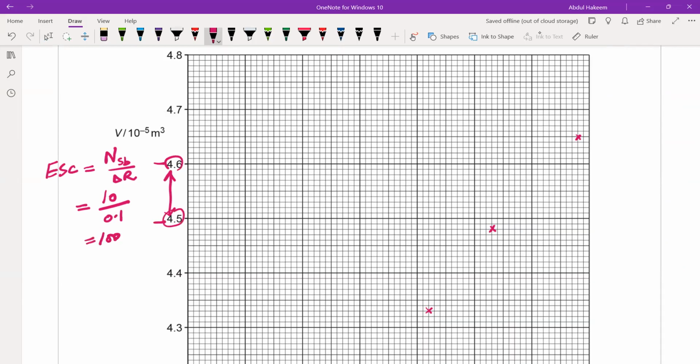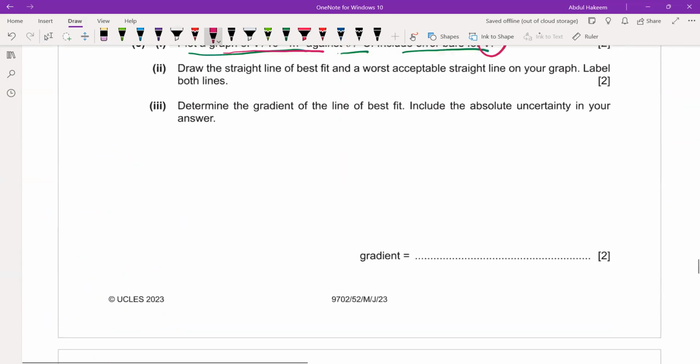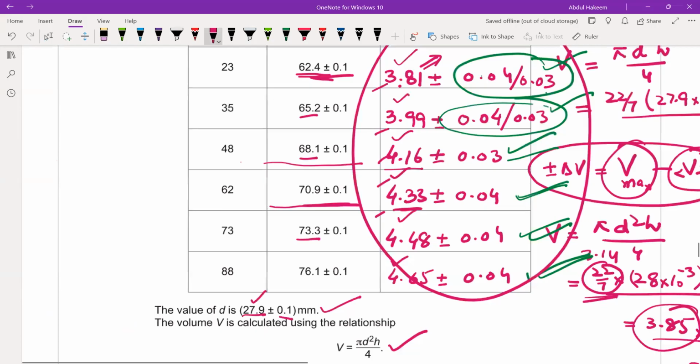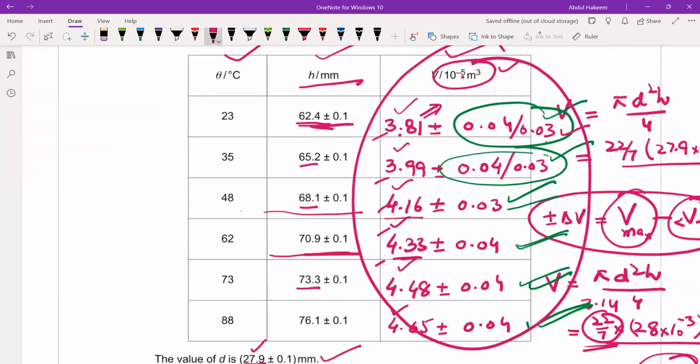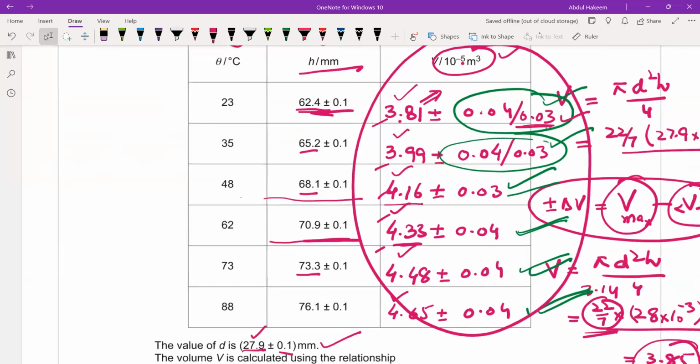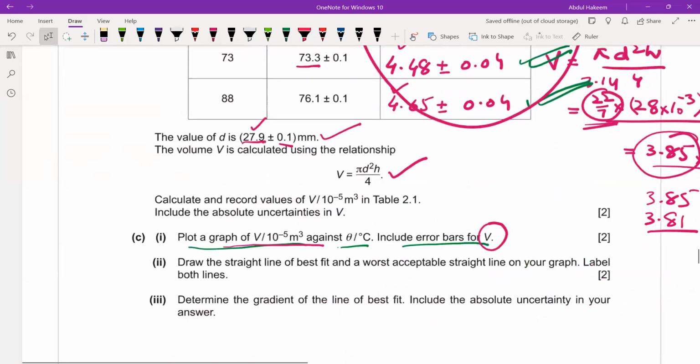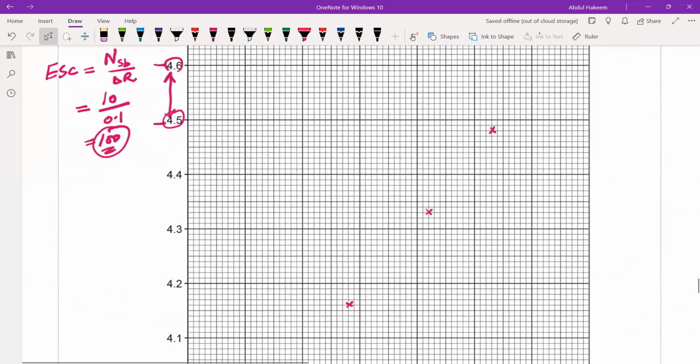So your error scale constant is 100. You can take any number of the small boxes, but the answer for the error scale constant will come same. Now, this error scale constant is multiplied one by one with each error. So first point error is suppose this 0.03. So 0.03 multiplied by 100. Answer is 3.